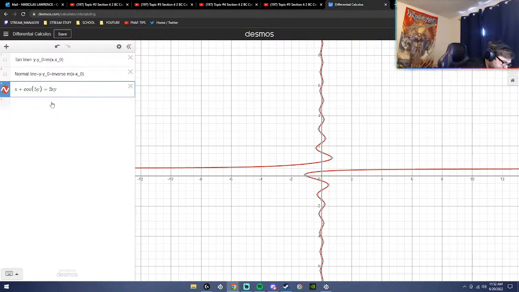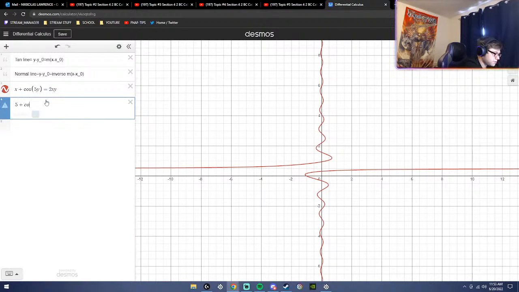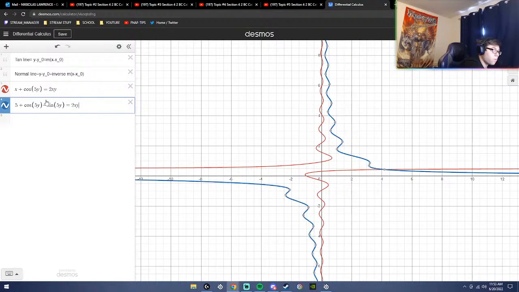So it's technically saying 5 plus cosine of 5y minus sine of 5y. That is what I have so far, equal to 2xy.